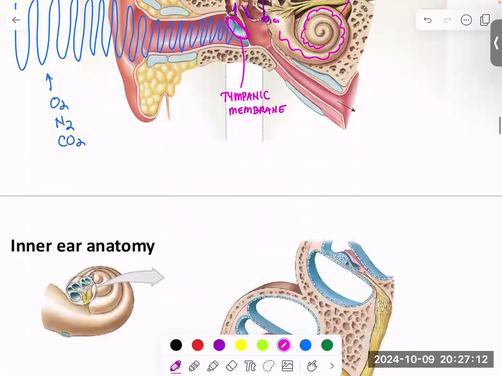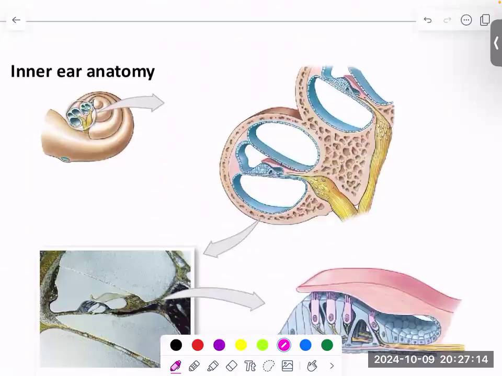So here's how it works. The ossicles will vibrate on this window, and they're going to move the fluids through the cochlea. The fluid is going to move through this chamber. We do not have to know the chambers for lecture, that'll be for lab.